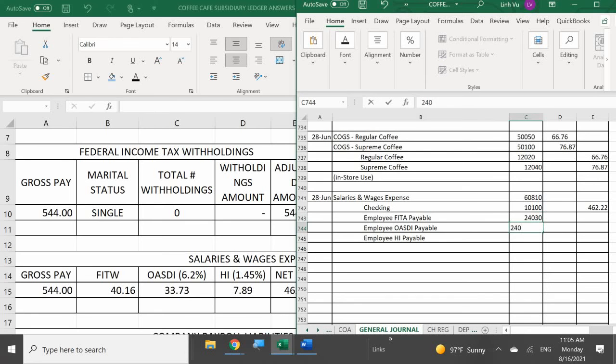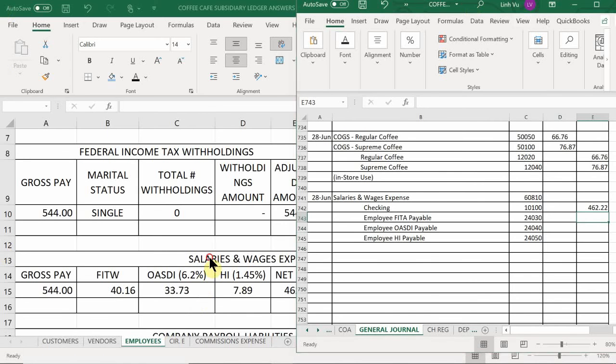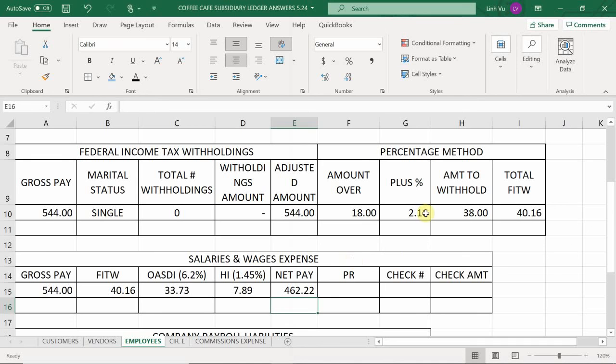Okay. So in this case, how much was my FITW? How much was my federal income tax withholdings? The net amount, the 460, that net amount?